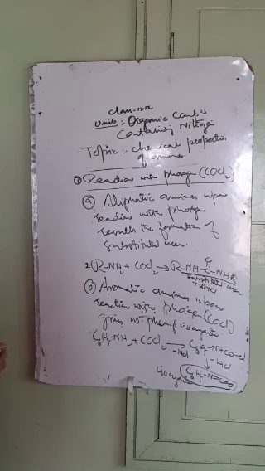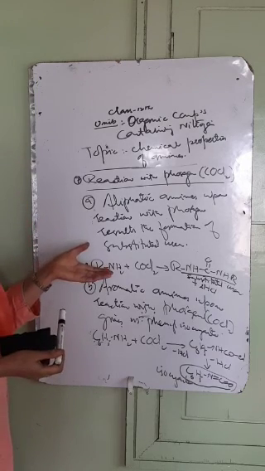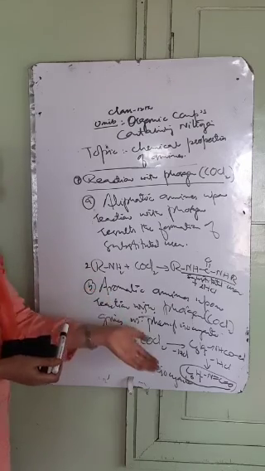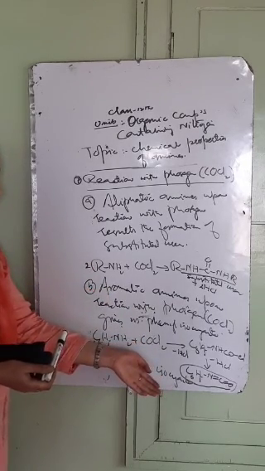Then we have the reaction with Grignard's reagent where hydrocarbons are formed. Then we have the reaction with phosgene, where substituted urea is formed when we treat phosgene with primary aliphatic amines, and when we add phosgene to aromatic amines, isocyanates are formed.